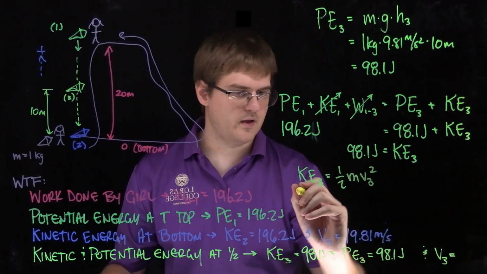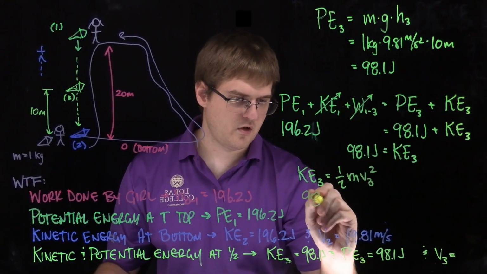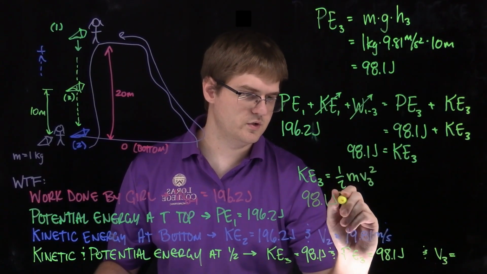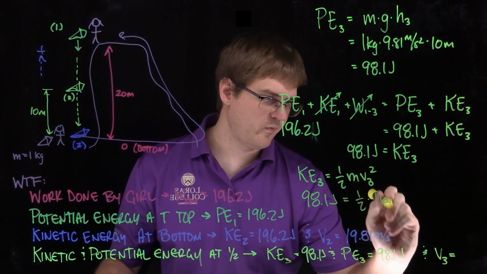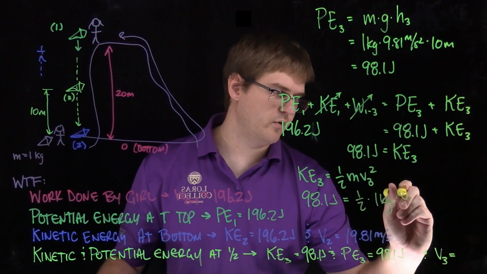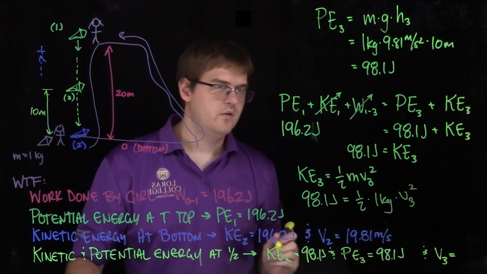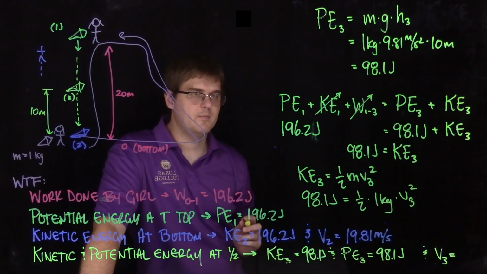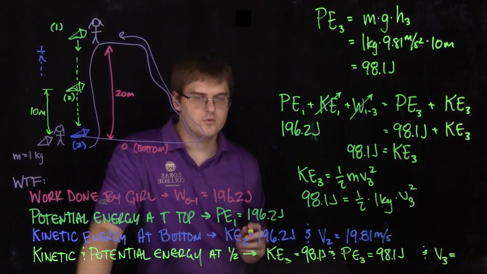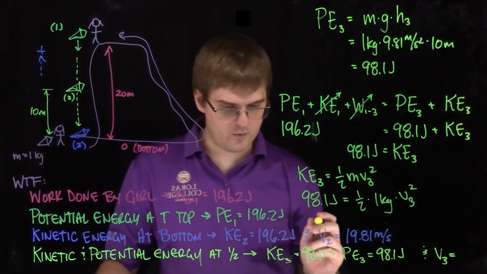And kinetic energy is 98.1 joules. 1/2 mass is 1 kilogram times velocity at 3 squared. So I divide 98.1 by 1/2 and by 1. That's going to be 196.2. Find the square root of that. I cannot do that one in my head.